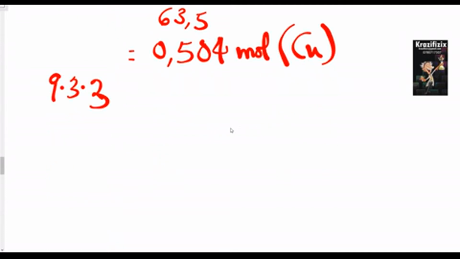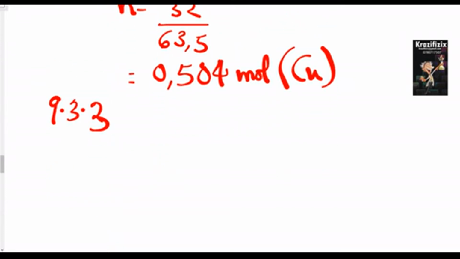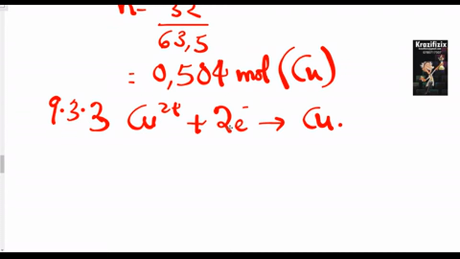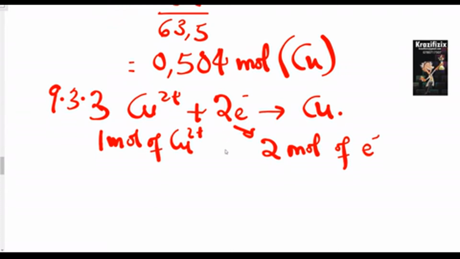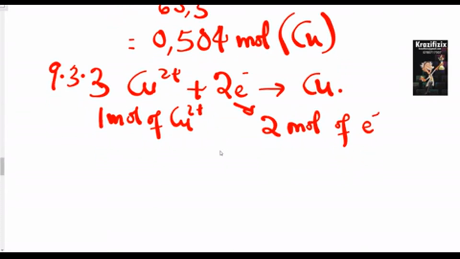Okay. One of the things we know is that, look, if we go back to what is deposited, it's copper 2 plus. Now, what we're saying here is this. 1 mole of copper will require 2 moles of electrons. But how many moles of copper do we have? 0,504 moles of copper.